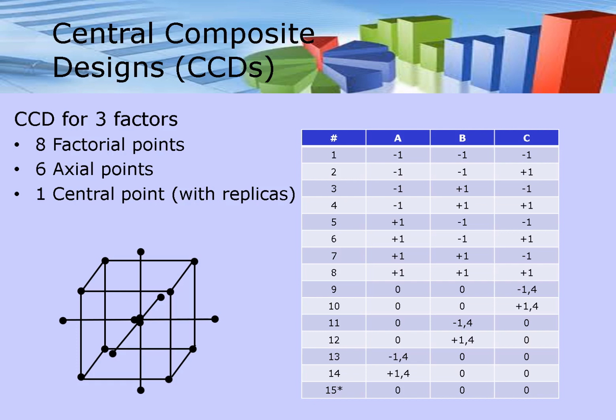CCD is composed of 3 types of points: factorial points, axial points, and a central point with replicas. The addition of axial and central points increases the number of levels from 2 to 5, which allows one to detect the curvature of the response and consequently to adjust complex regression models.